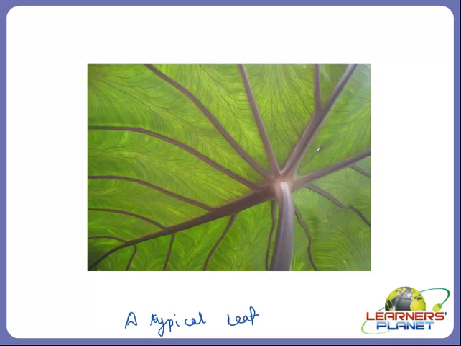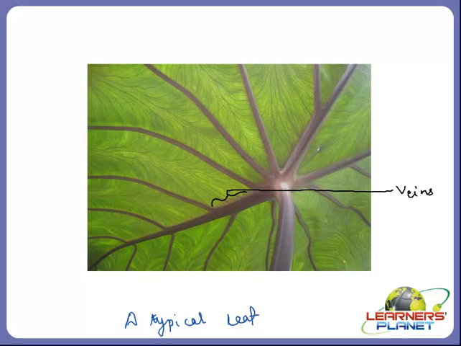Yes, here you can see a network of branching veins, which forms a supporting framework and also serves to transport raw materials and manufactured food into and out of the lamina.